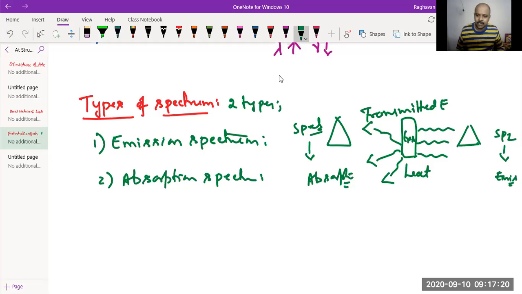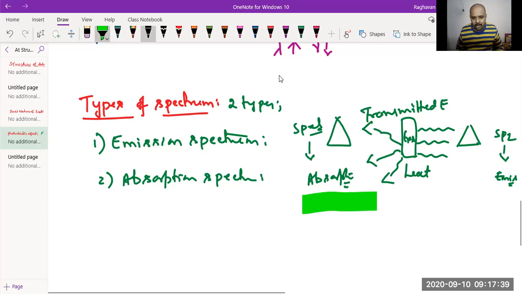Now, the way in which the absorption spectrum and emission spectrum appear is quite interesting. The absorption spectrum will have a bright background, and in between there will be dark lines. What are these dark lines? Dark lines correspond to the energy absorbed by the gas. The bright part corresponds to energy transmitted. So the absorption spectrum generally has a bright background with dark lines in between.